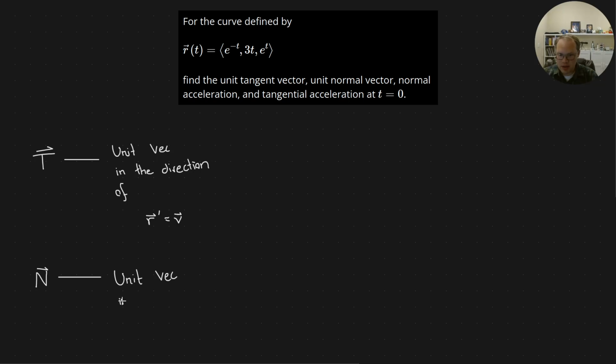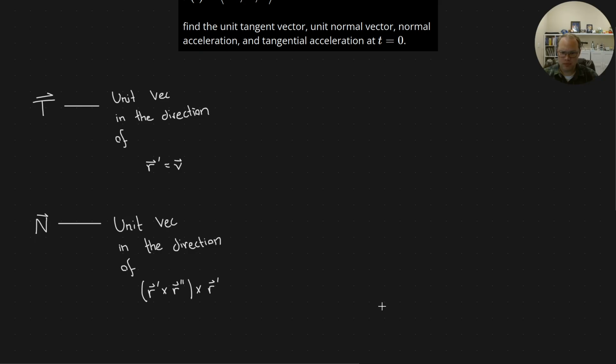This is the unit vector in the direction of r prime cross r double prime cross r prime. And if we translate this to velocity and acceleration, this becomes the velocity crossed with the acceleration, and then you cross it again with the velocity.